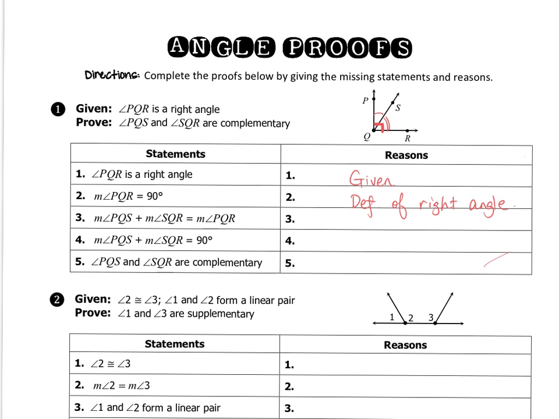And I also know the sum of the measures of PQS and SQR adds up to PQR, and that's just a visual observation, right? So I do that because of the angle addition postulate. I add the two angles together.